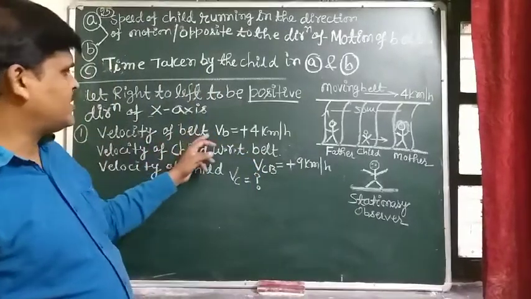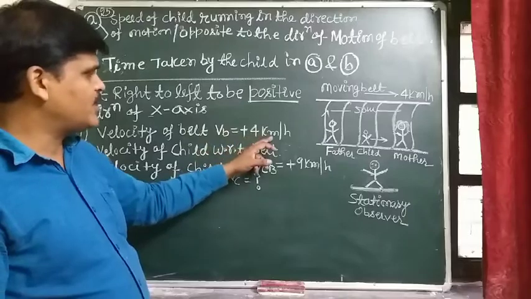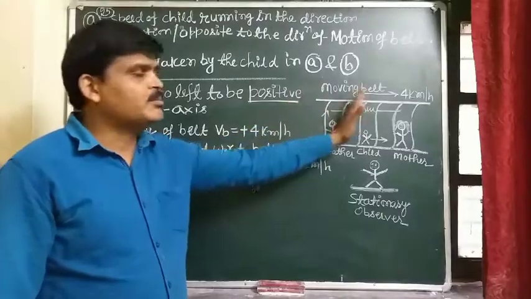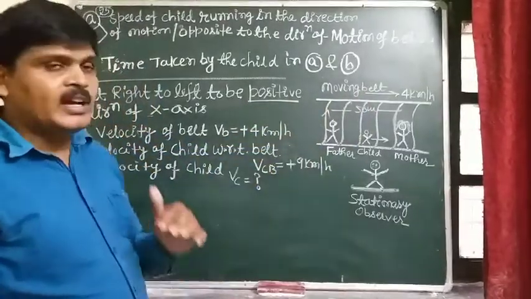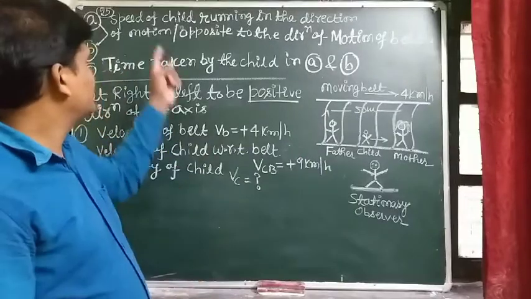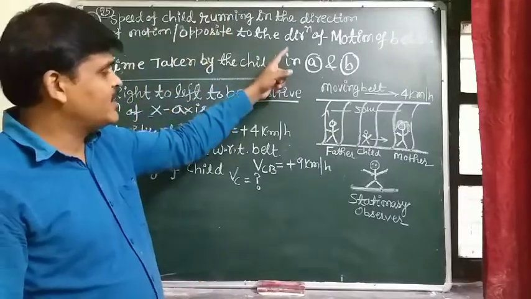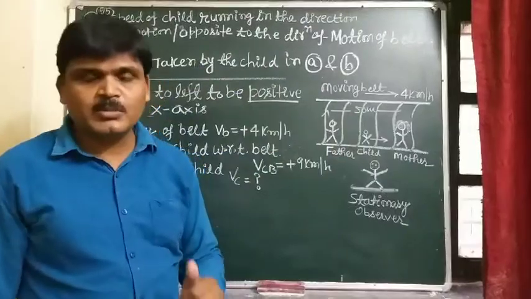So the velocity of the belt is plus 4 km per hour, in the positive direction. And we have to determine, in the first case, the speed of the child running in the direction of the motion of the belt.